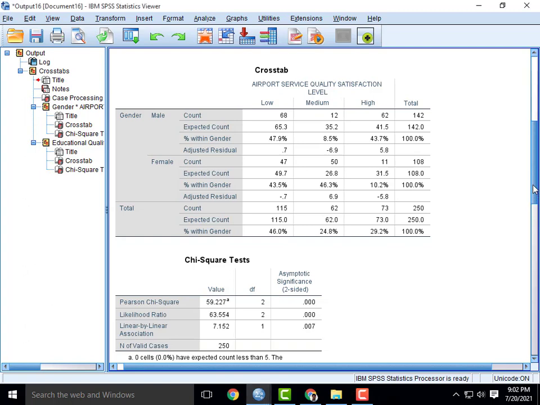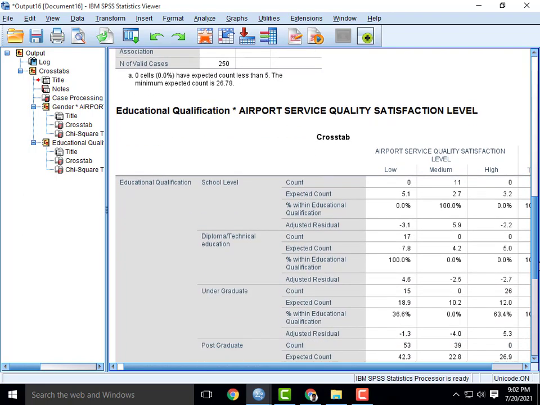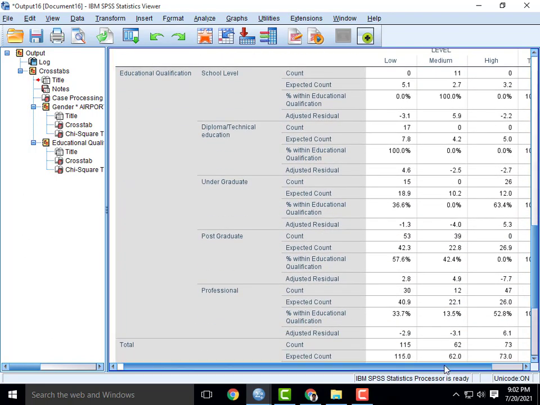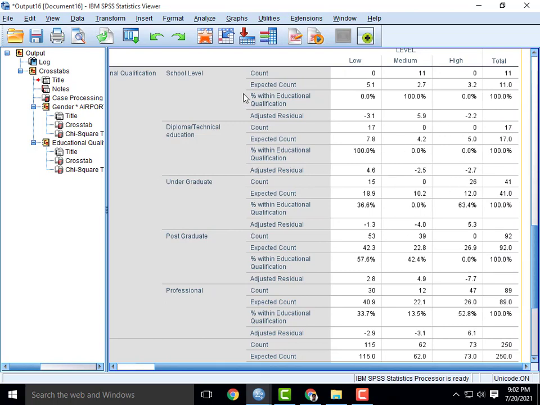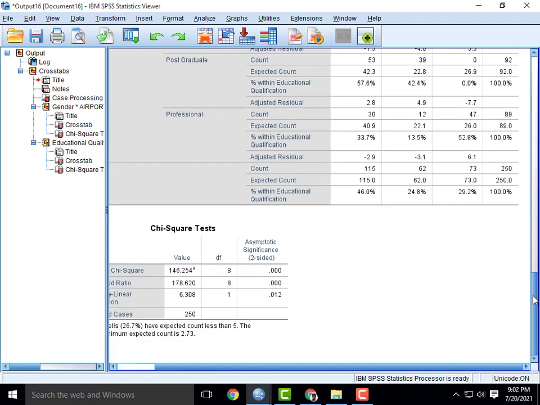Let us come to the second table, education qualification and airport service quality satisfaction level. So this is cross tabulation, expected value and actual count and adjusted residual. Now come to the chi-square test table.